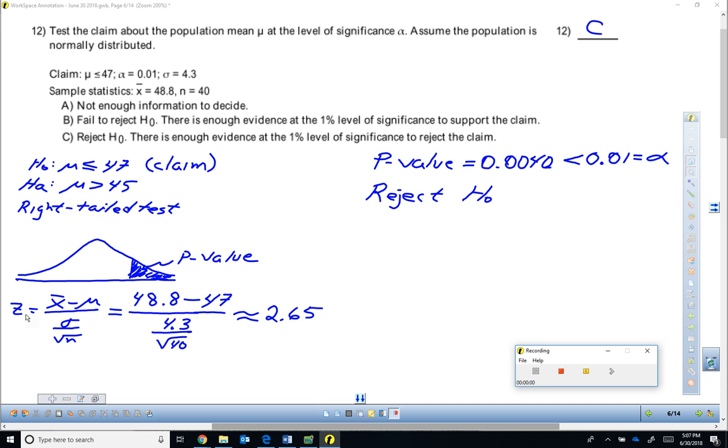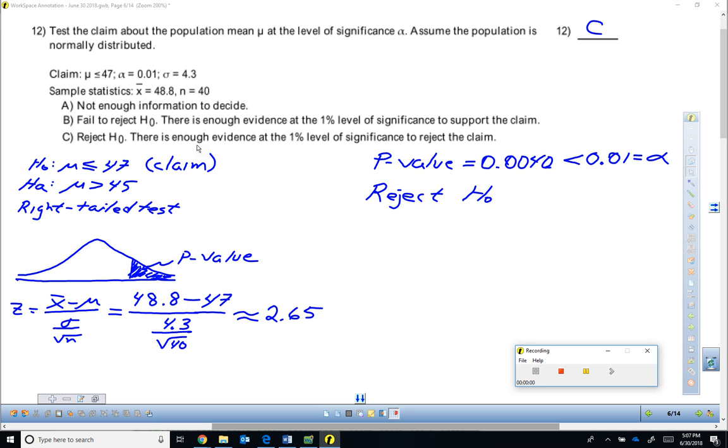To find the z-score, the formula is the mean of the sample minus the mean of the population, divided by the standard deviation of the population, and this divided by the square root of the sample size, n.